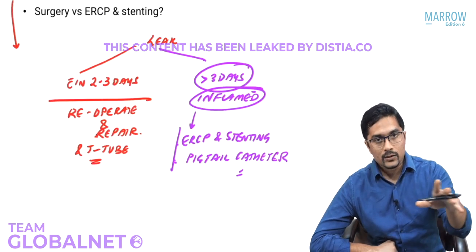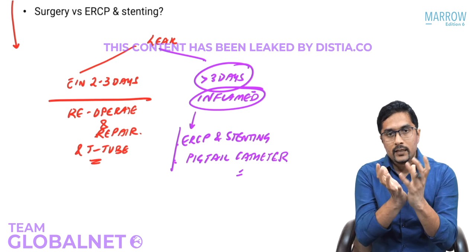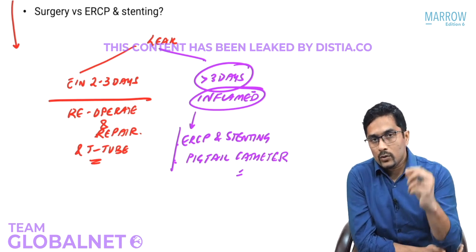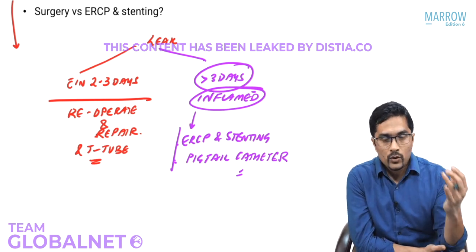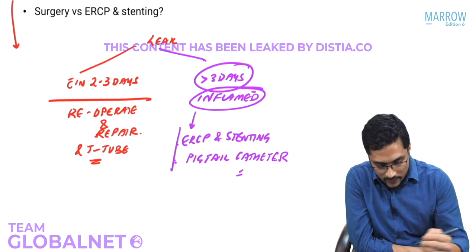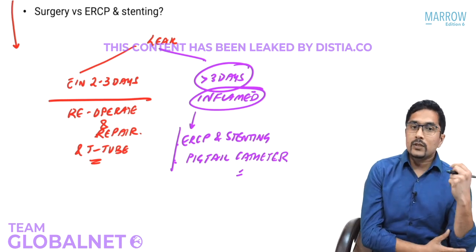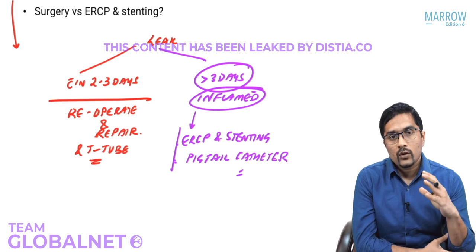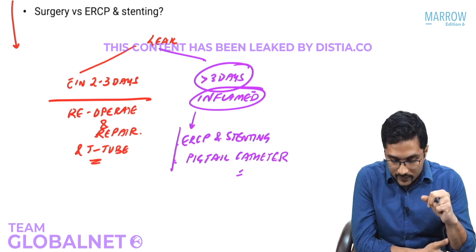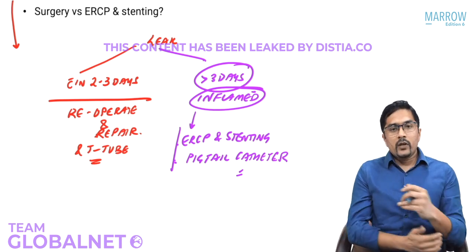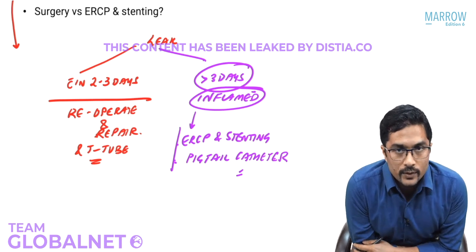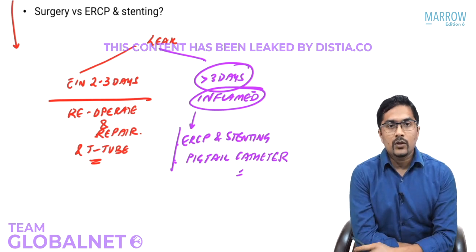You put in a pigtail catheter to drain that biloma, and you do an ERCP, that is endoscopic retrograde cholangiopancreatography, and you do stenting to prevent the leak. So these were 10 scenarios which I wanted to discuss with you.